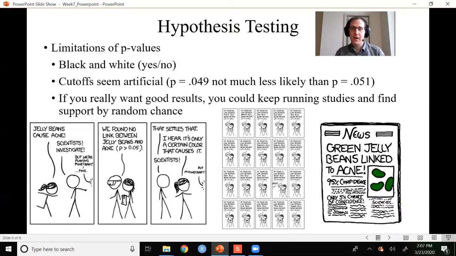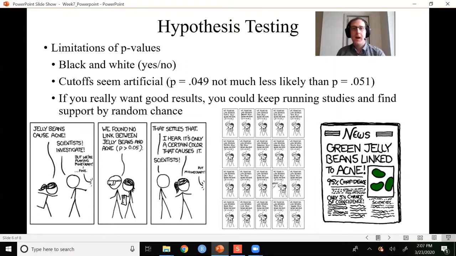And then it gets written up in the news as green jelly beans are linked to acne. And this is something that would only occur by chance 5% of the time. So this is a statistically significant result. This is very exciting. Maybe someone is going to go on a talk show and talk about how bad green jelly beans are for you. Maybe someone's going to write a book about why green jelly beans cause acne.